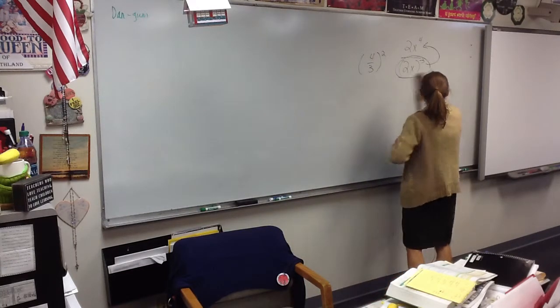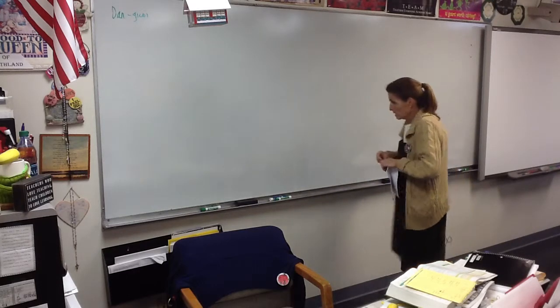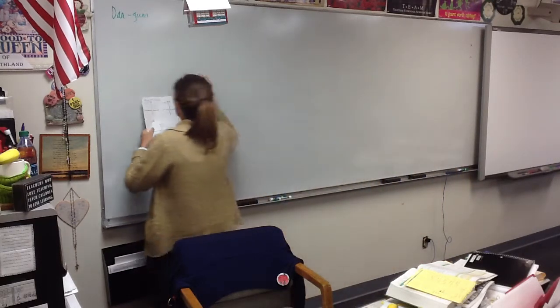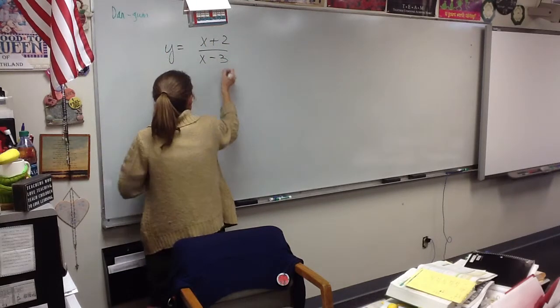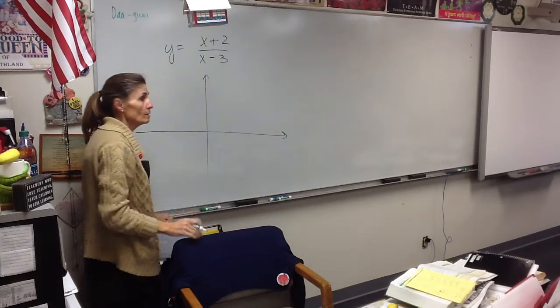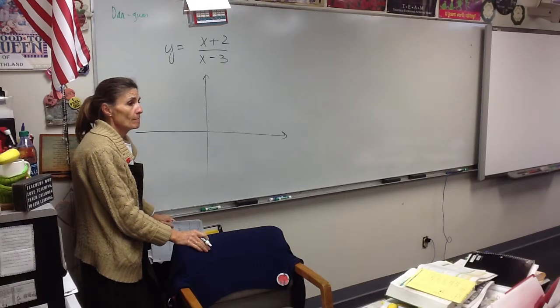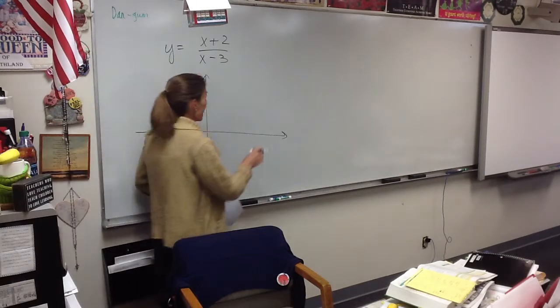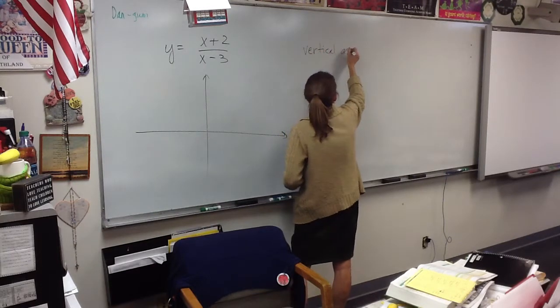So some of this is going to sound very, very familiar. We are going to have a vertical asymptote in our picture.